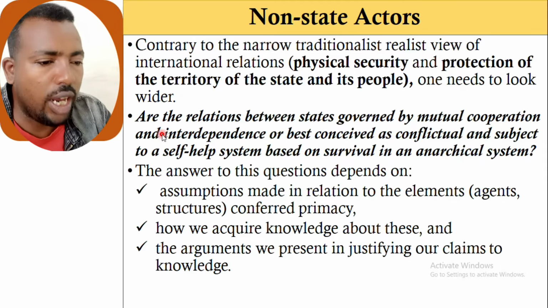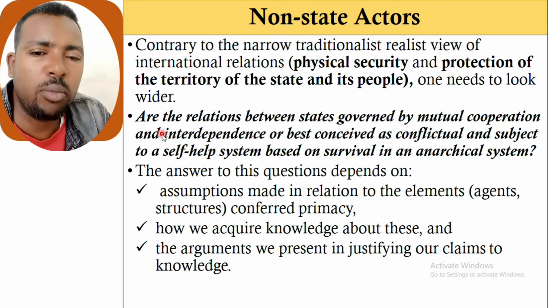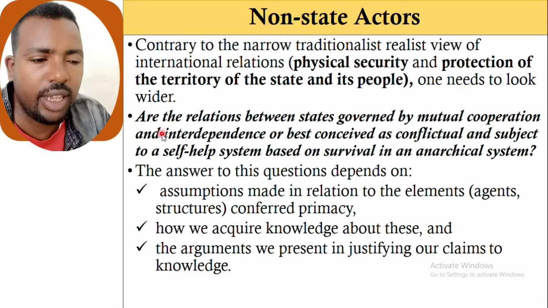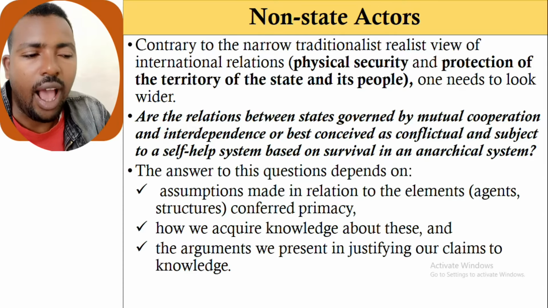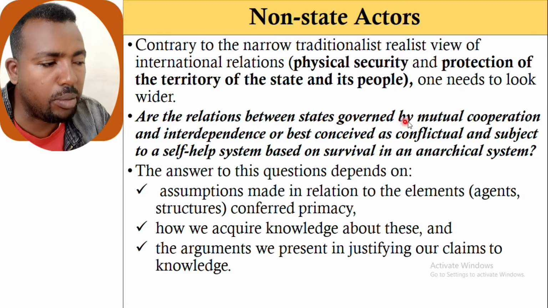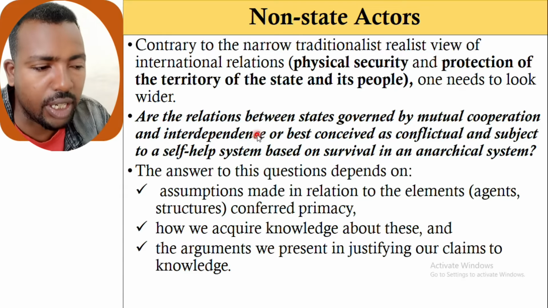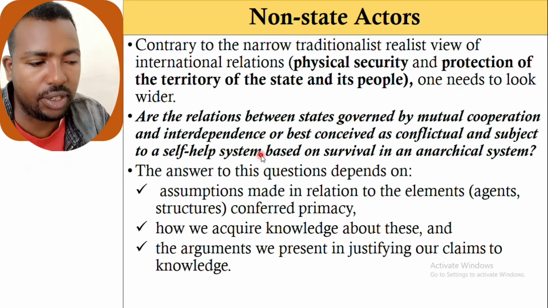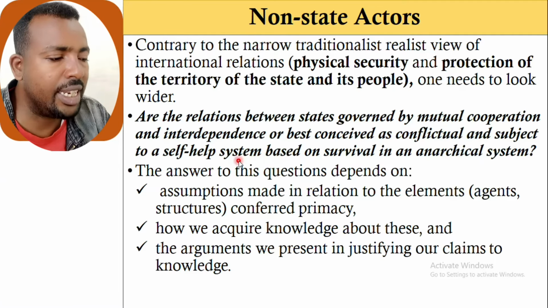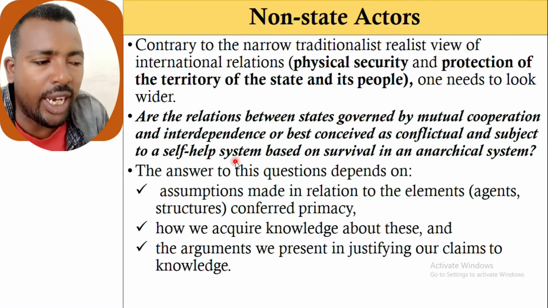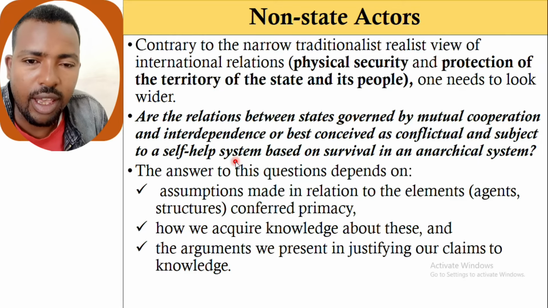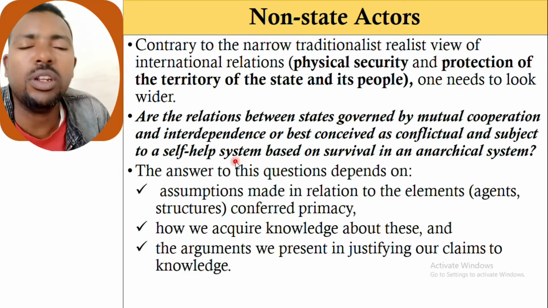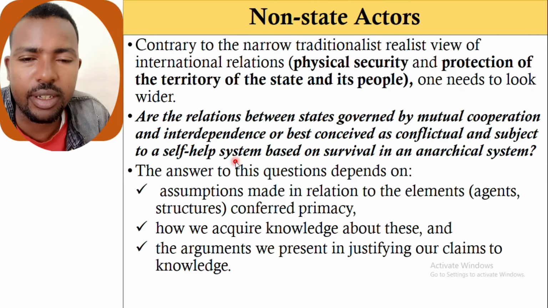To gain more understanding and comprehension about this, it is better to raise this question. Are the relations between states governed by mutual cooperation and interdependence, or best conceived as conflictual and subject to a self-help system based on survival in an anarchical system? Which one is the best way of making interaction, by mutual cooperation and interdependence, or by a conflictual and self-help system?